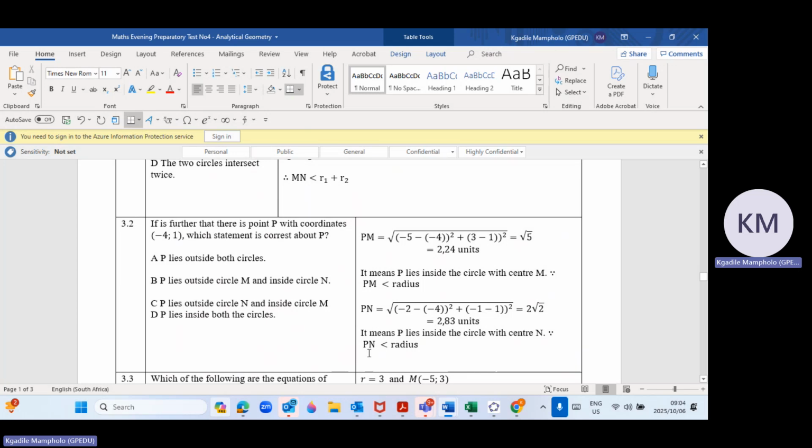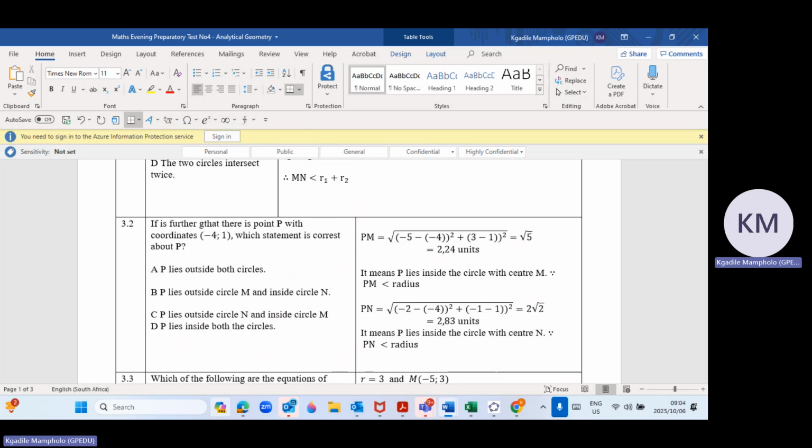3.2. If it is further given that there is a point P with coordinates minus 4 and 1, which statement is correct about P?